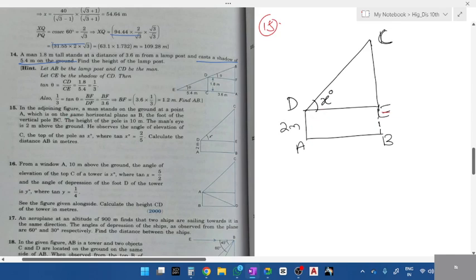What is given here? In the adjoining figure, a man stands on the ground at a point. Which point? A. So if you're standing at point A, students, look here like this. You stand at point A, and what is given? The foot of the vertical pole is at B, which is on the same horizontal plane.